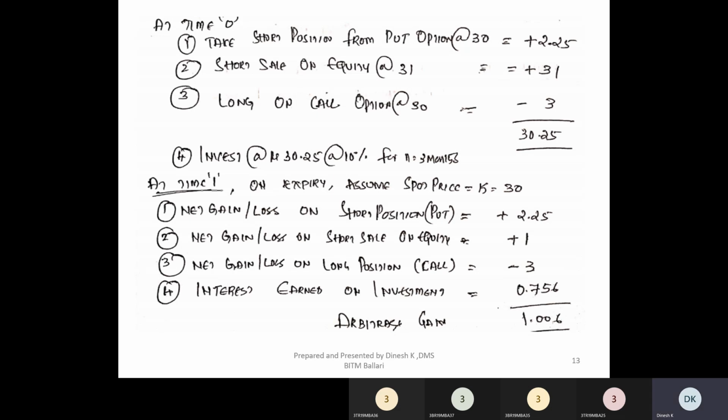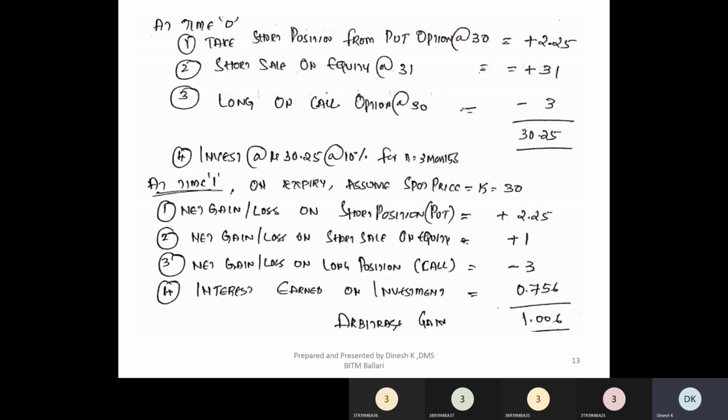Yes, quickly. Triveni, who is the other party with whom you have entered the contract? Call buyer, sir. No. How is it a call buyer? Put buyer. Yes, sir. Right? Because you're taking a short position on a put. When you take a short position on a put option, the other party is long on a put, right?